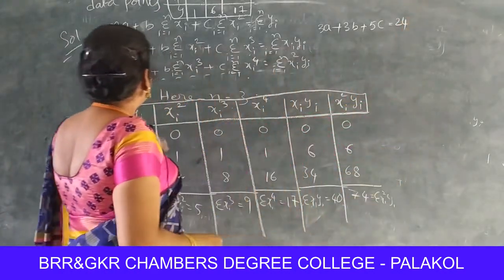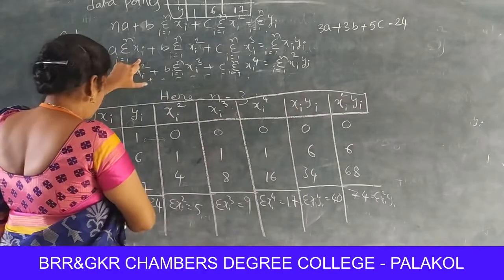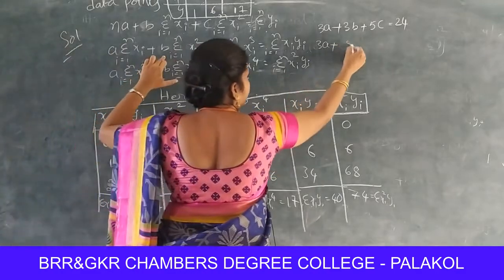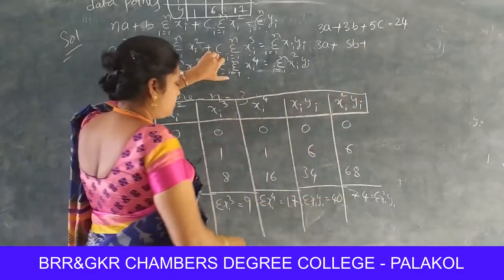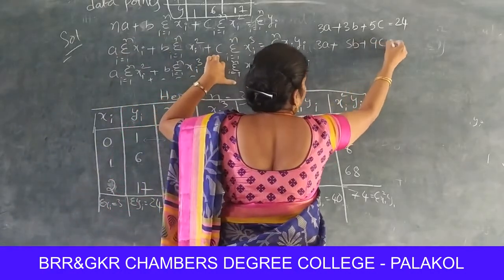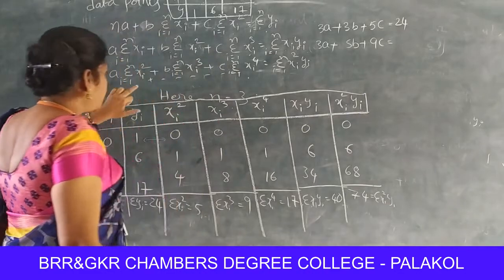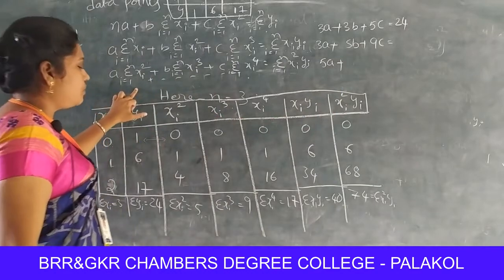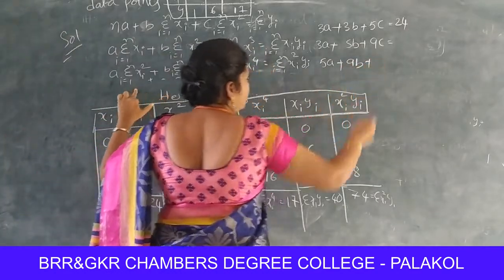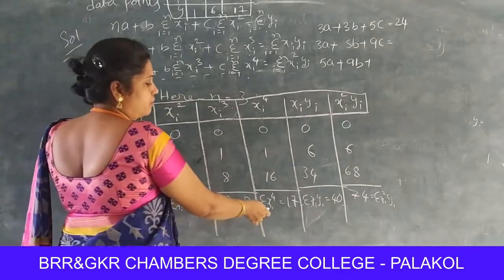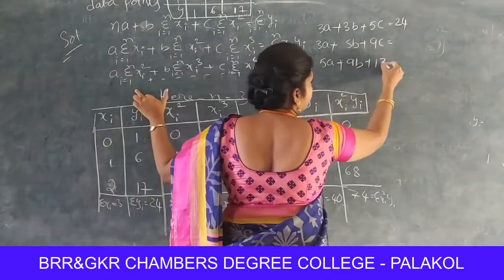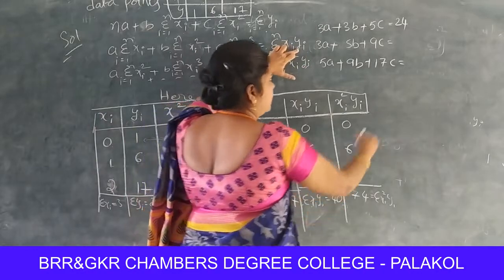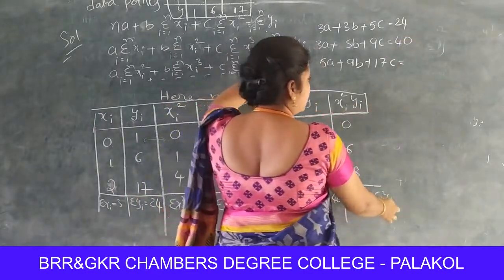Next, the second equation: 3A plus 5B plus 9C equals sigma xi yi, 40. The last equation: 5A plus 9B plus 17C equals sigma xi square yi, 74.